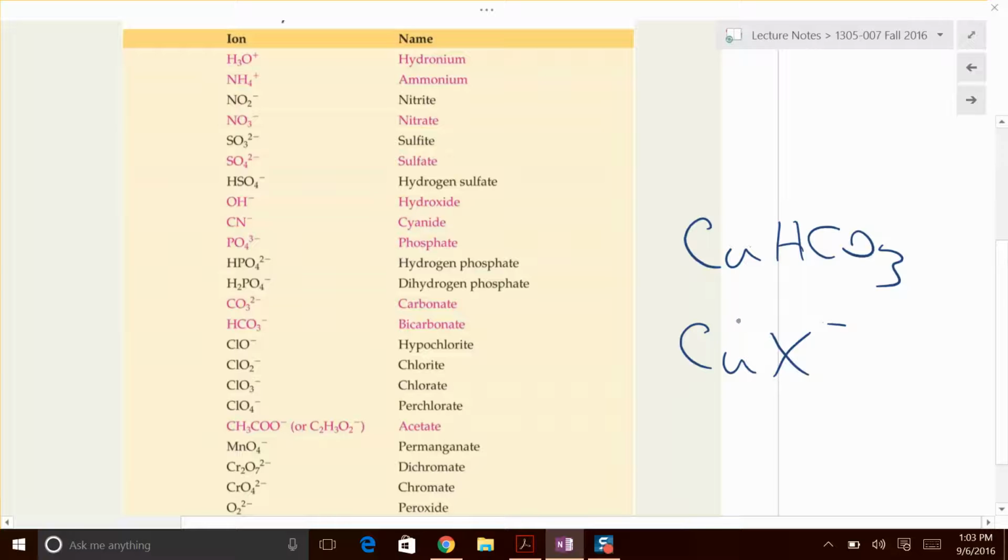That means the copper has a +1 charge, because this is -1, this is +1. So if you need to simplify it into just one variable, that's fine. You can do that to help you figure out what's going on.